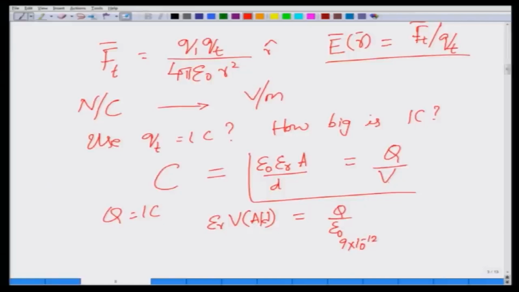If you take this to the numerator, this becomes of the order of 10 to the power 11. Why? Because 1 by 9 can be approximated as 1 by 10, so that becomes 0.1 into 10 to the power 12, which is nothing but 1 into 10 to the power 11. This is an order of magnitude estimate, not an exact calculation.